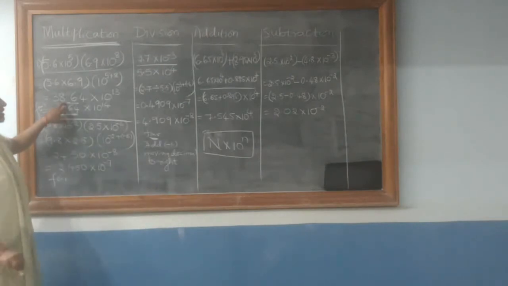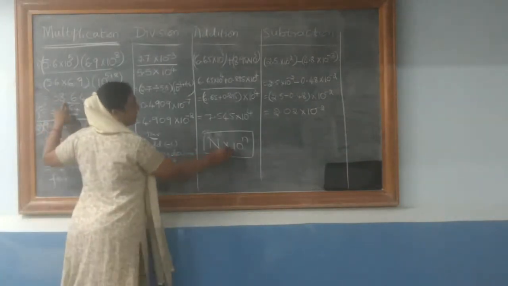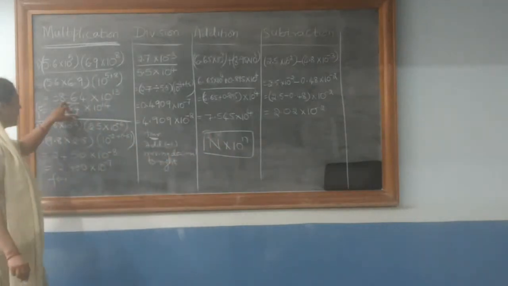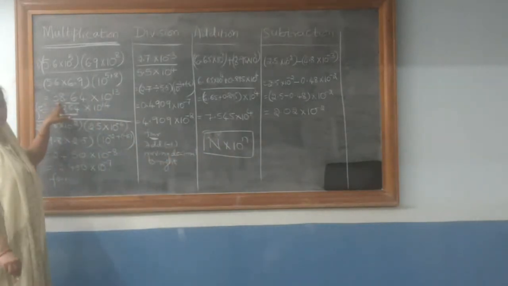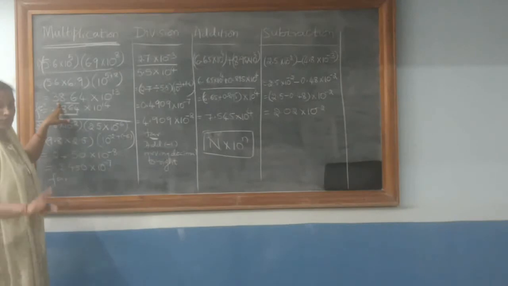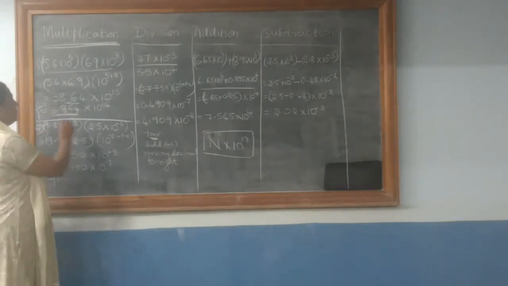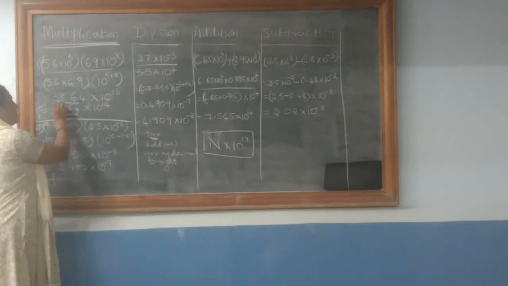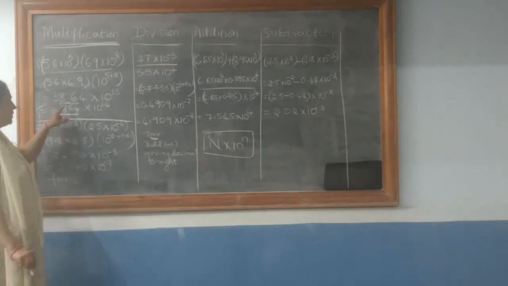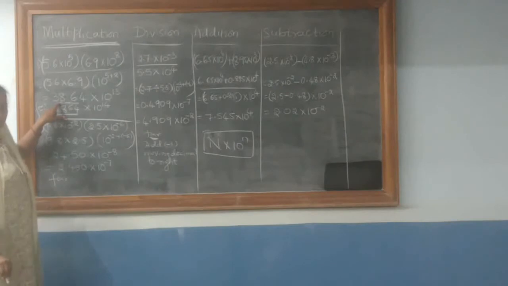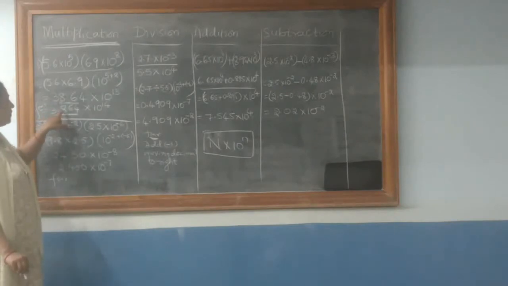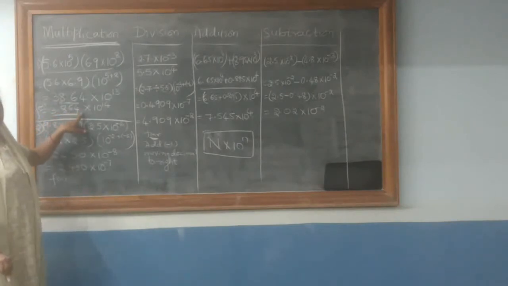Now this is not in the form of capital N into 10 raised to n, because there are 2 digits to the left of the decimal. There should be a single digit to the left of the decimal, which is non-zero. So shift the decimal towards the left hand side, so that you will get 3.864.